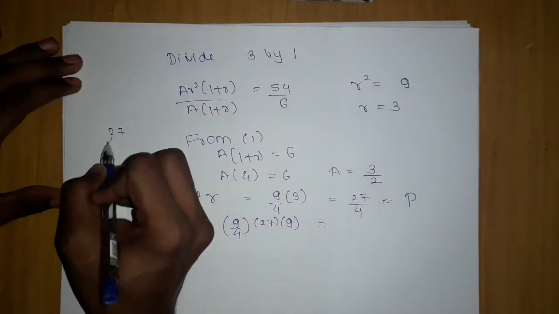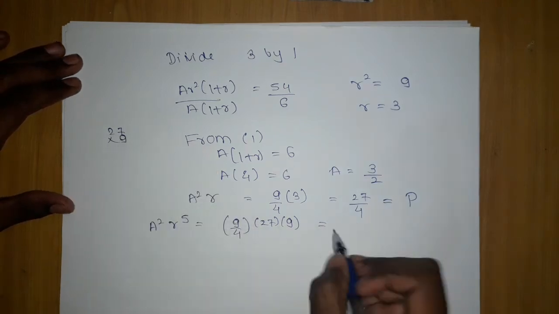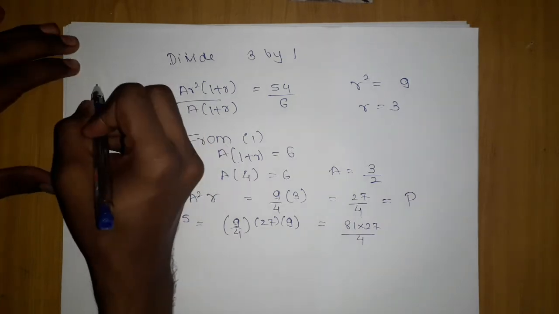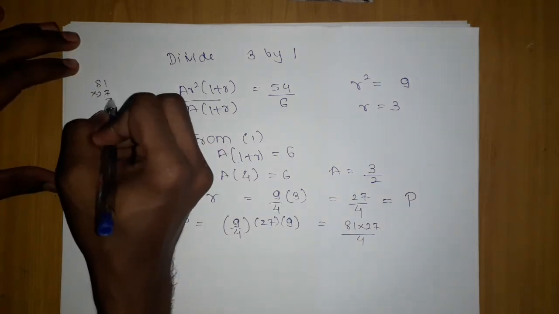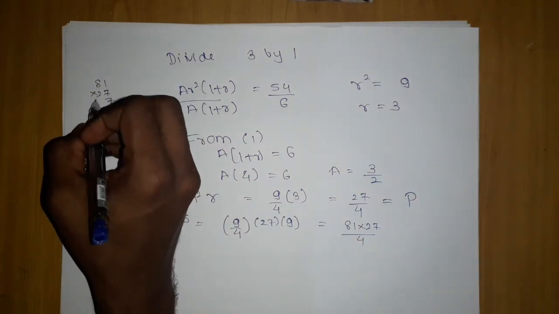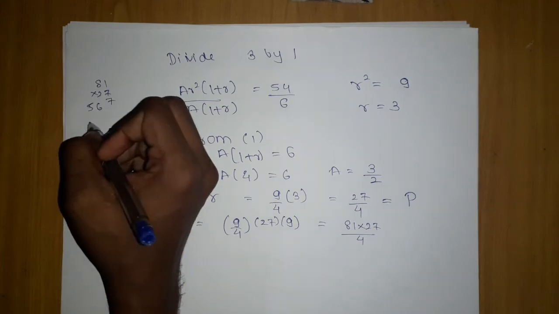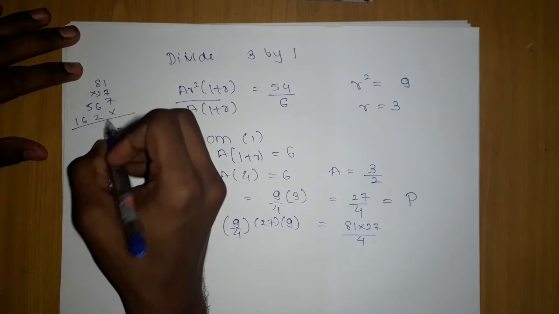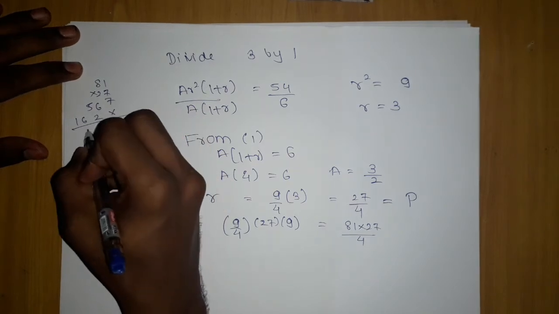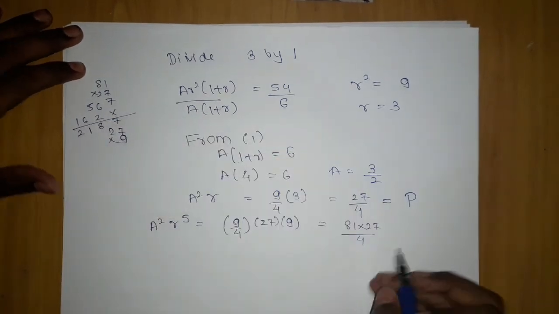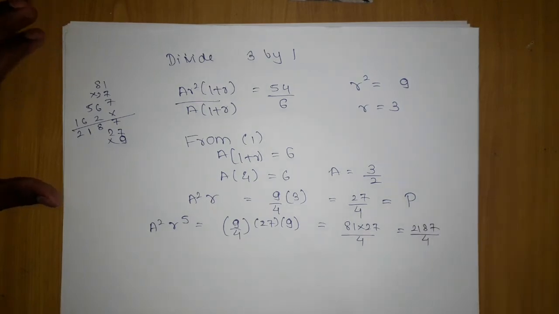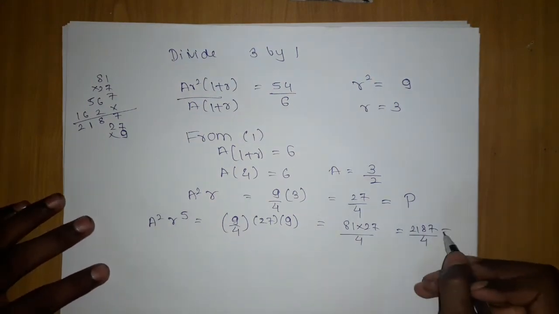I can modify it as 81 into 27 by 4, which gives 2187 by 4. Okay, we got this value, which should be equal to q.